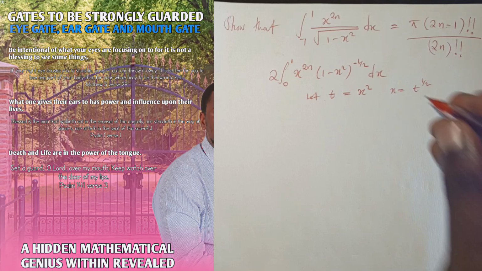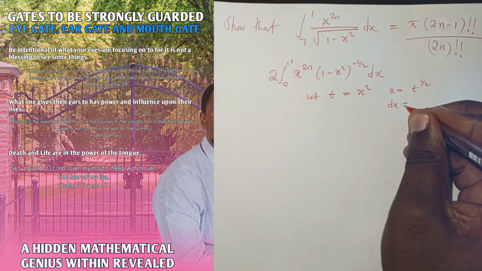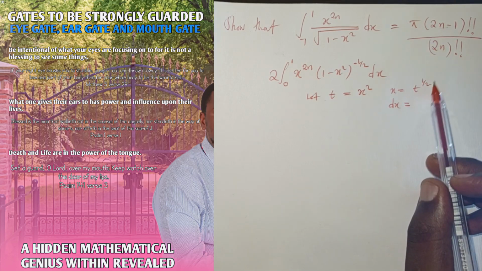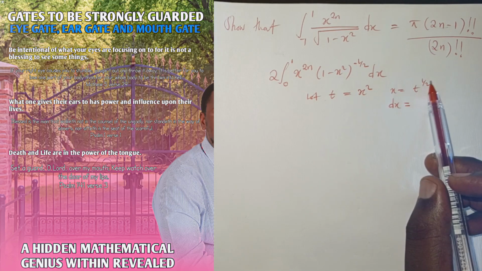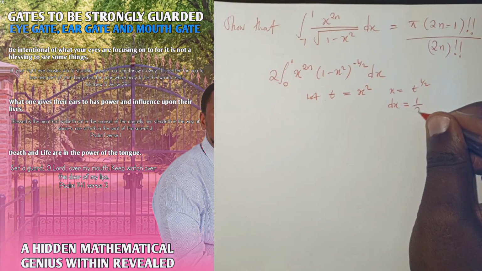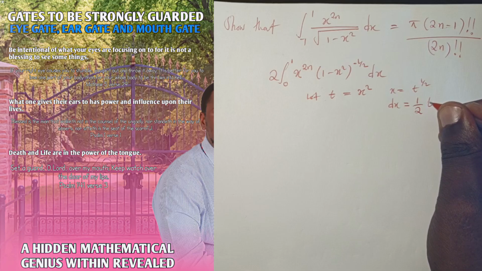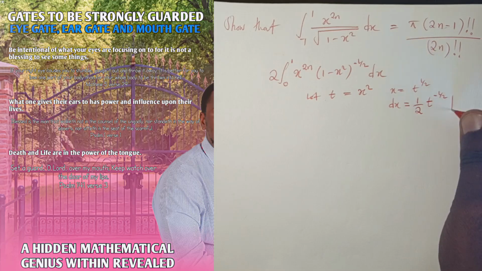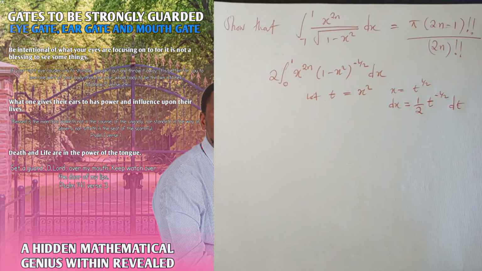Then you differentiate. So you say dx is equal to the derivative here. This 1 over 2 will come down, and you subtract 1 from the power. So we are going to have 1 over 2, then t to the power 1 over 2 minus 1, you get minus 1 over 2, then this is the dt.